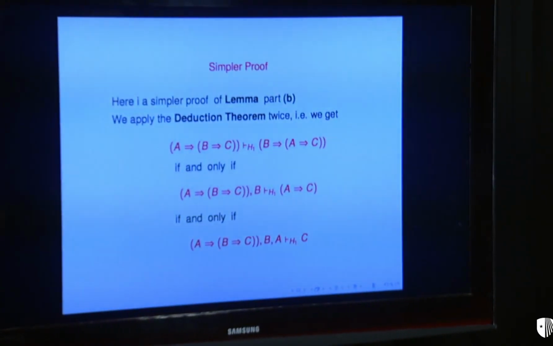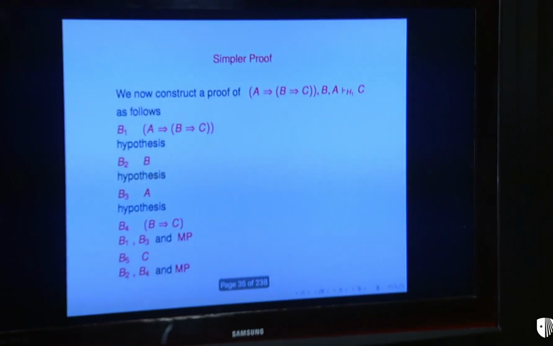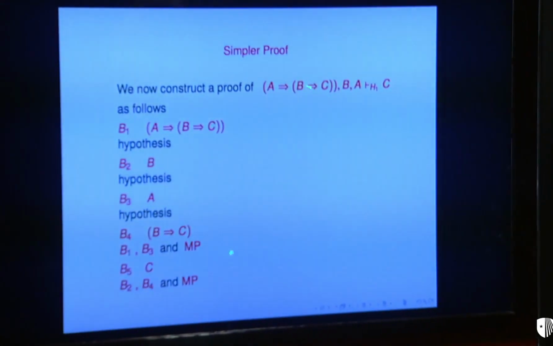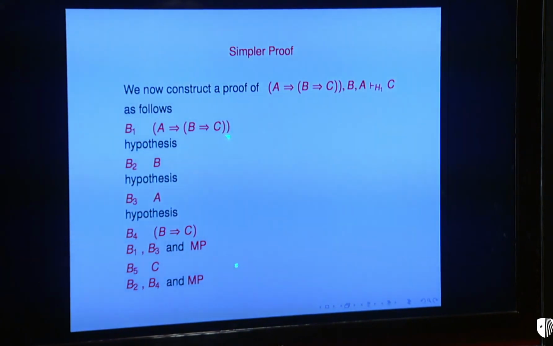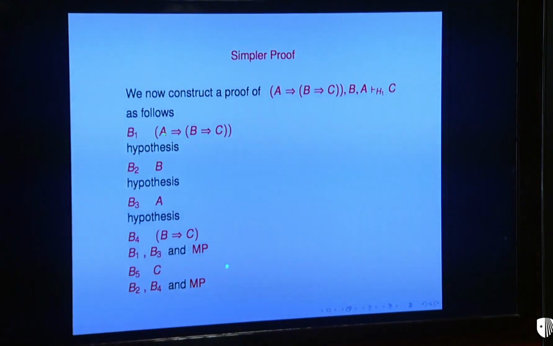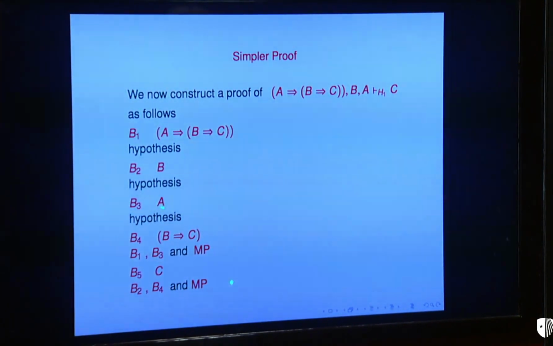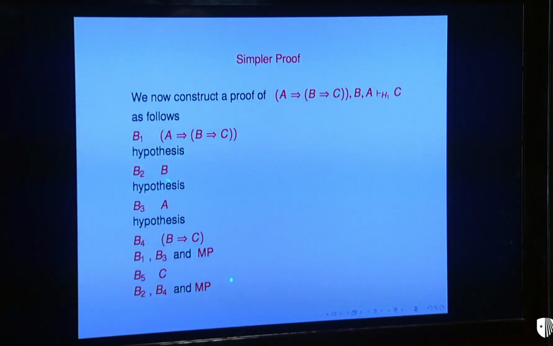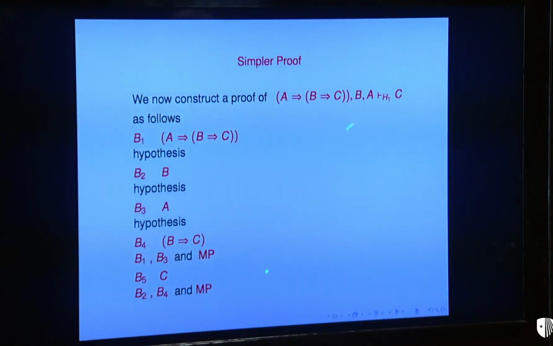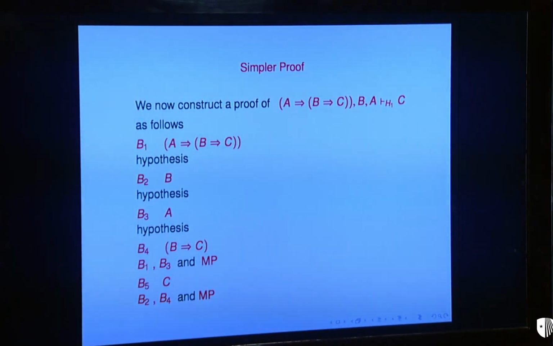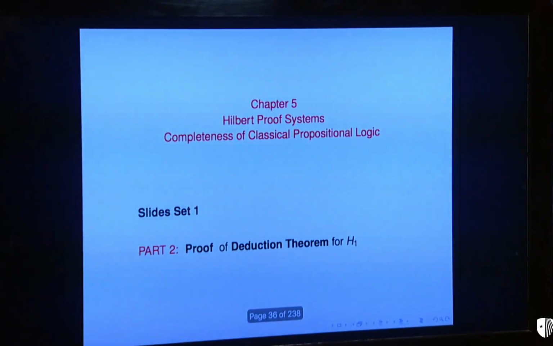And proving this is absolutely trivial, because I have this as hypothesis. I have B, I have A, and now I can cut this A and that cuts, so I have B implies C. Now I have B, this B cuts with that B, I have C, end of the proof. So that is advertisement for the beauty of deduction theorem.